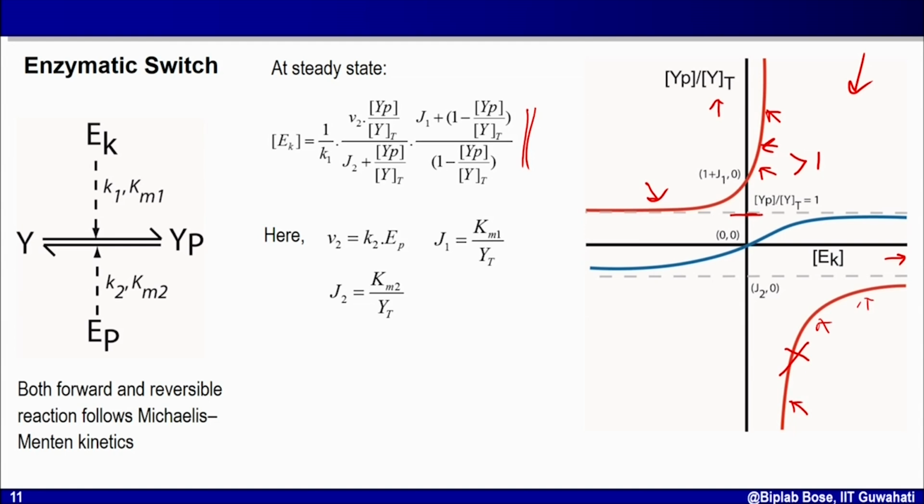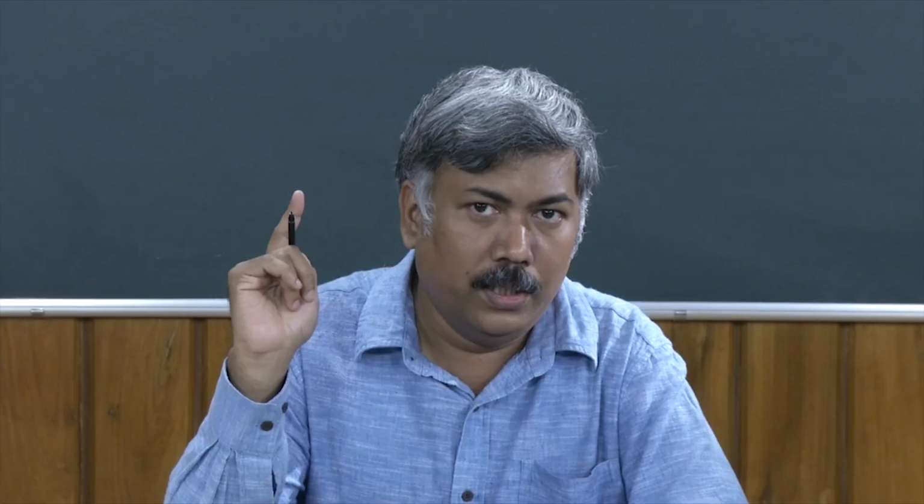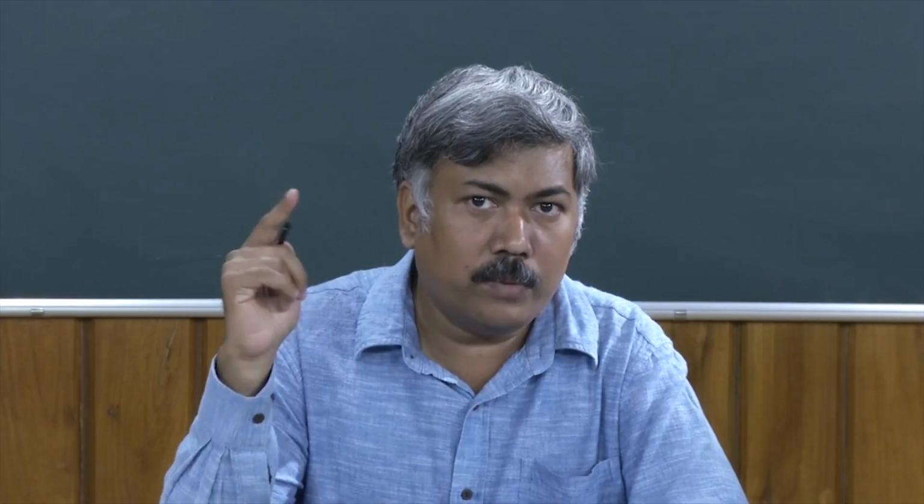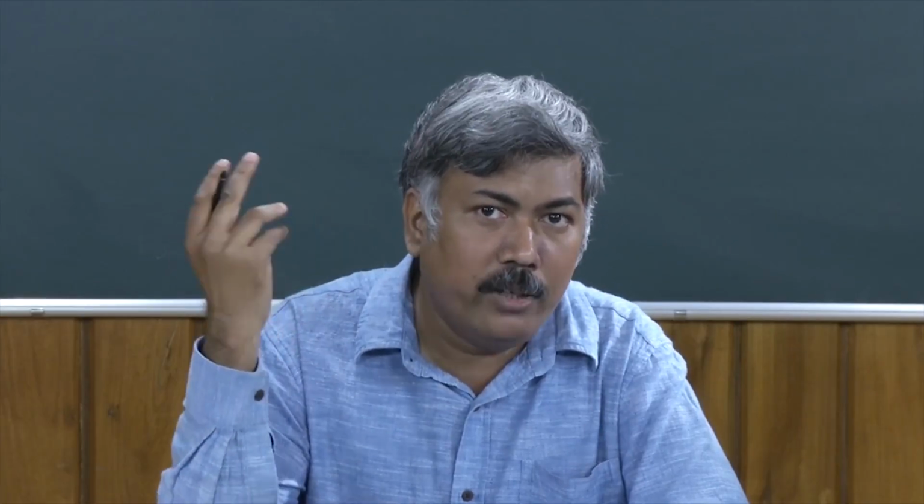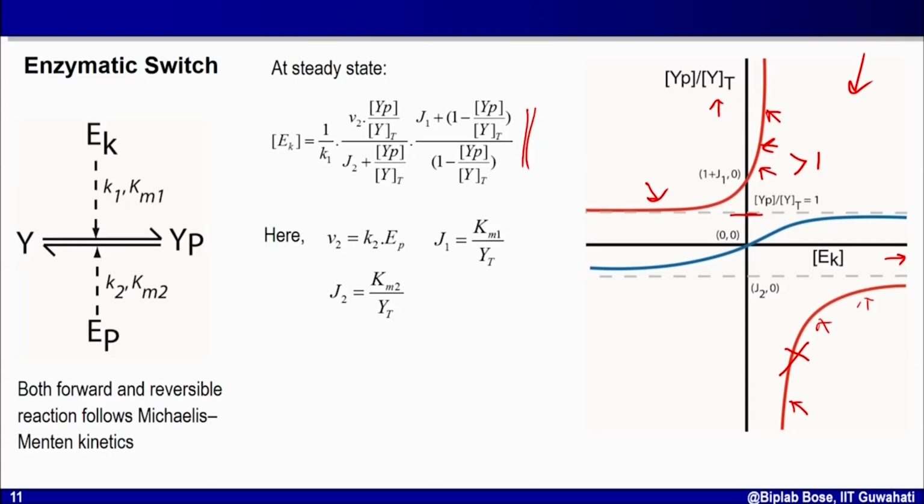Now Yp by Yt is the fraction of phosphorylated protein, the fraction of the total protein which is phosphorylated. So that can never be bigger than 1. You cannot have more than the total protein be phosphorylated. So the fraction can never go above 1. So that means I don't need to consider this red line.